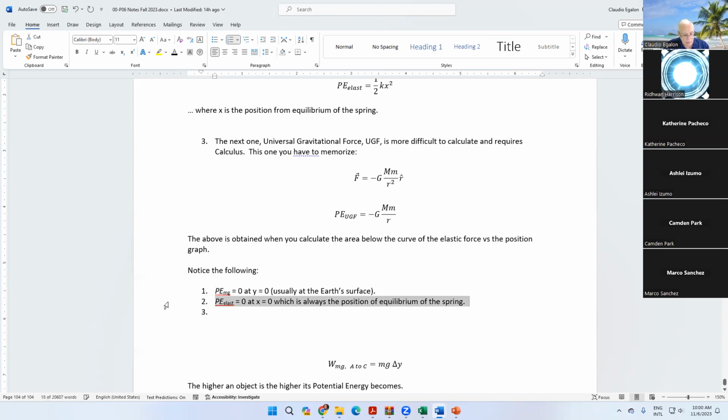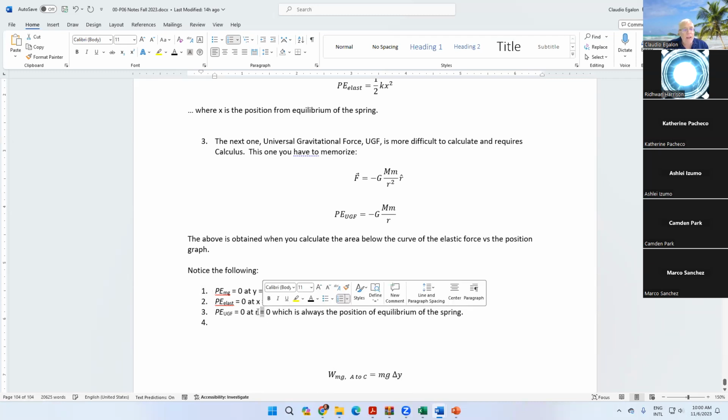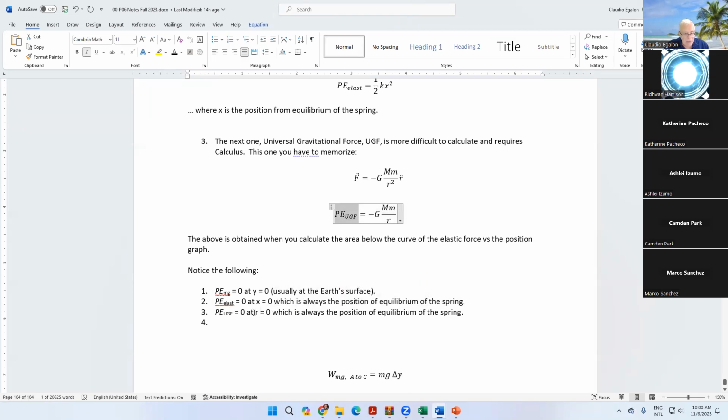Okay, and the third one also, note that for universal gravitational law, the potential energy is equal to 0 at r, lowercase r, going to infinity. When is this term going to be 0?